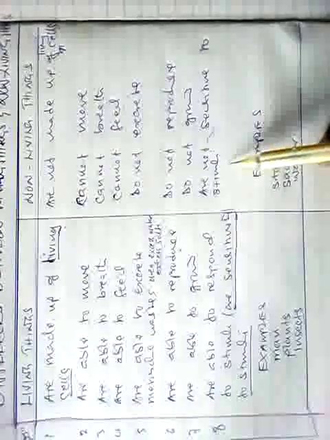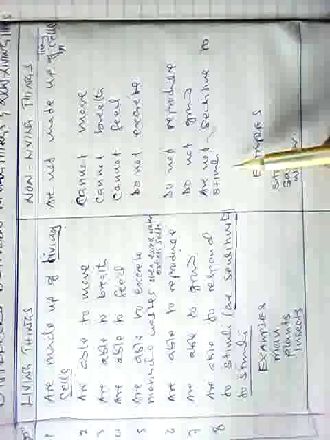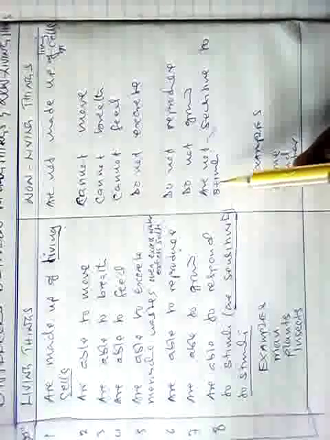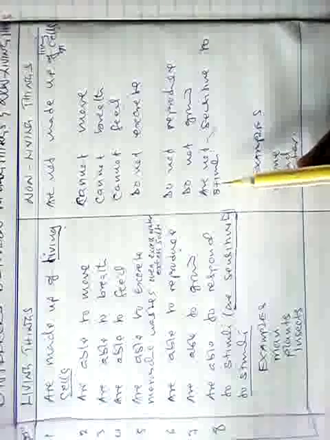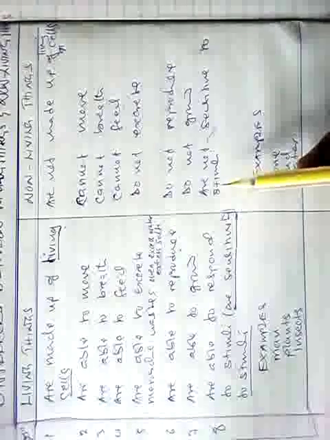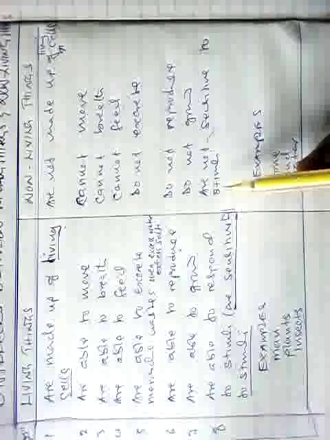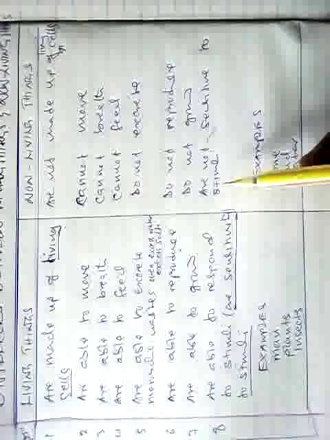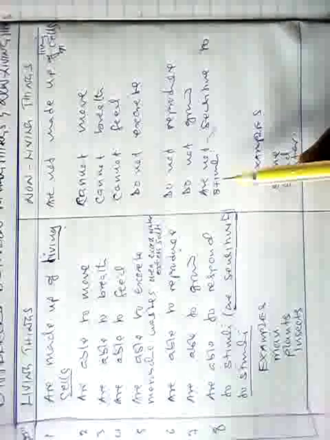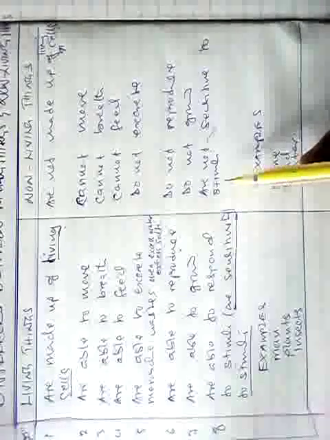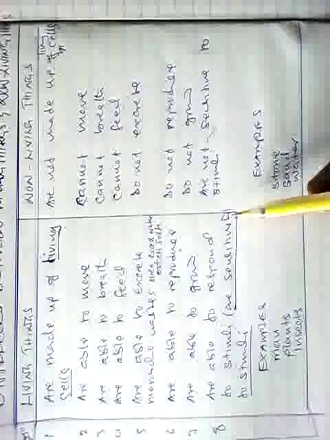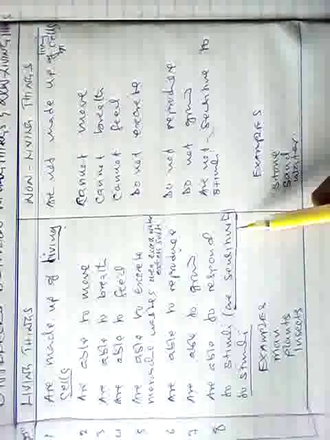Then non-living things are not sensitive to stimuli. If we have two objects, for example, a human being or a dog in the middle of the road, and a stone, a dog or human being will run away from the oncoming vehicle because it is able to respond to stimuli, okay, change in the environment.